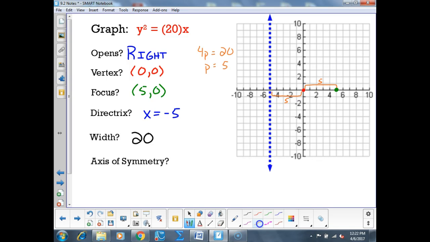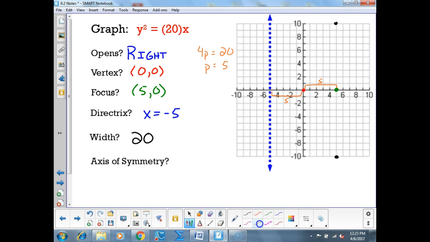So that means from my focus, I'm going to go up 10 and down 10. 20 total. So if I go up 10, then I can only go down 10 from there.